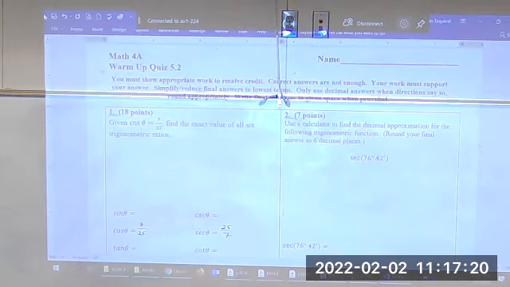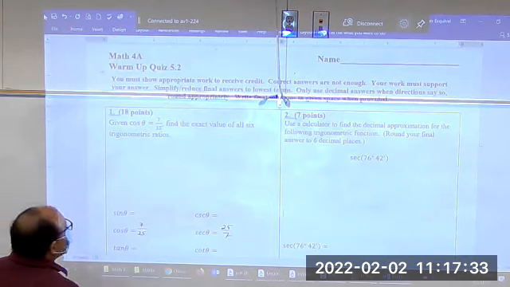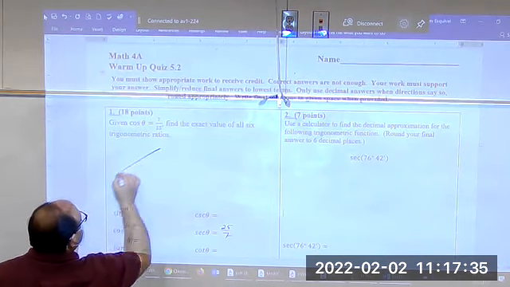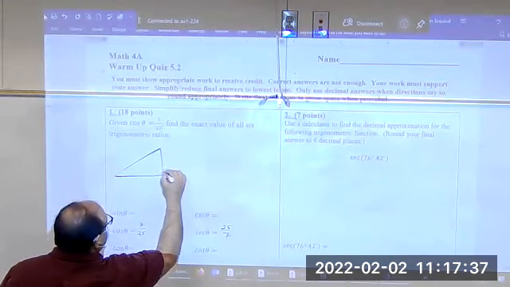So do yourself an incredible huge favor and draw a picture. Not a bloody one, but an actual picture. Okay. Get a right triangle. There's my theta.